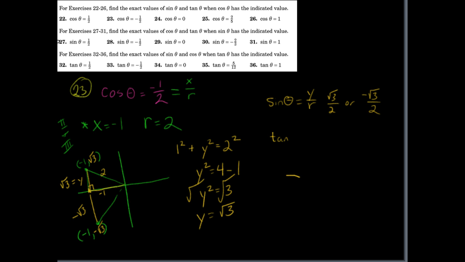The tangent of theta would equal y over x, so that's root 3 over negative 1, which would give you a negative square root of 3, or negative root 3 over negative 1, which would actually give you a positive root 3. So if the question was more specific and said that the terminal side lies in a specific quadrant, maybe it said quadrant 2, then you wouldn't have to do both cases, but that is not the case in this. So that's how you do this example.